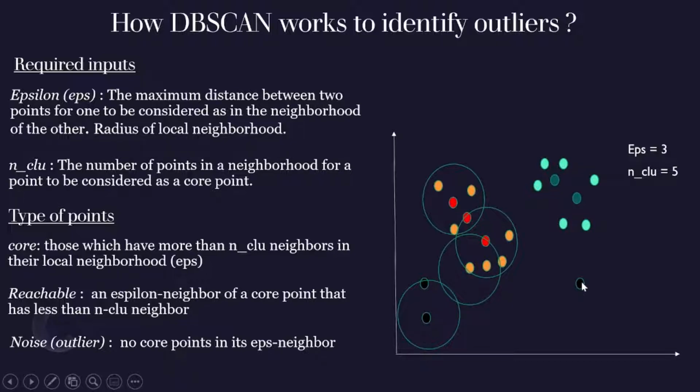So this is how DBSCAN works. As you can see, these two parameters, epsilon and n clue, are really key, and depending on the values that you provide, you may end up with different results. So you have to choose the epsilon and the n clue for running your DBSCAN.